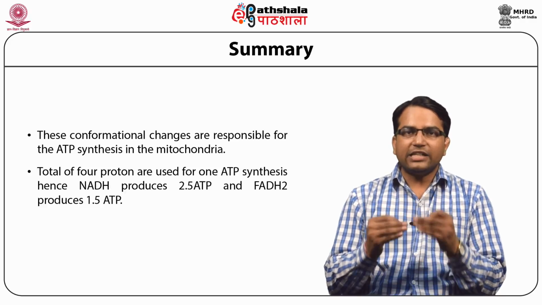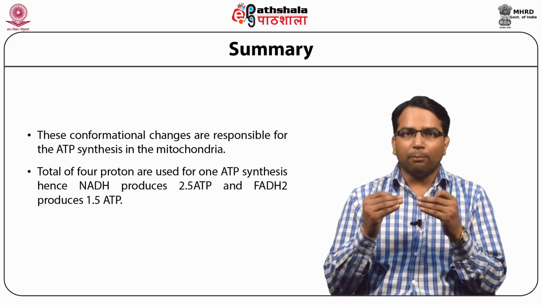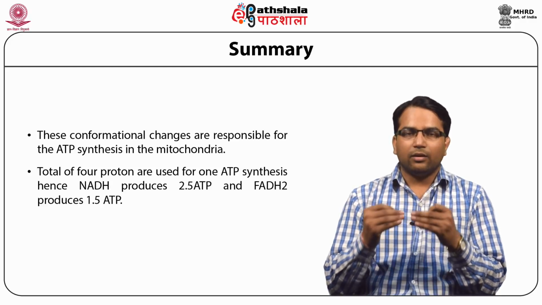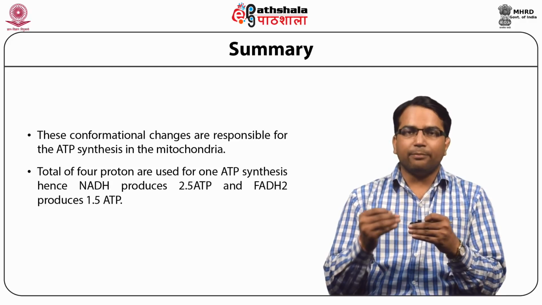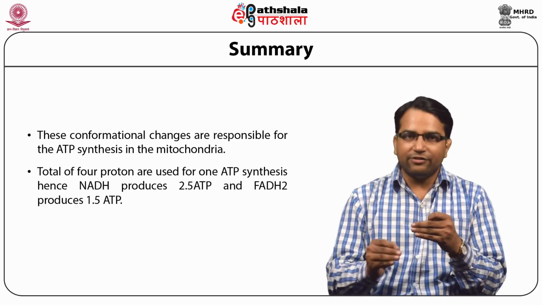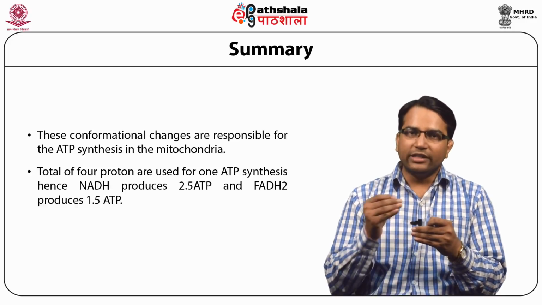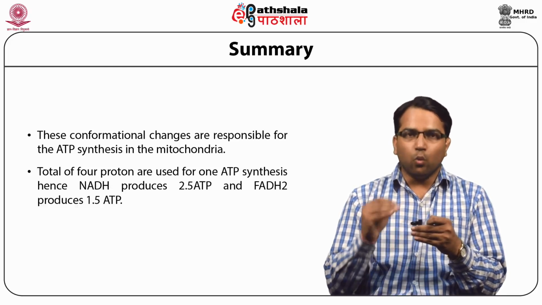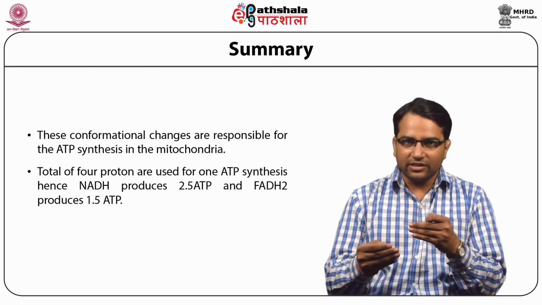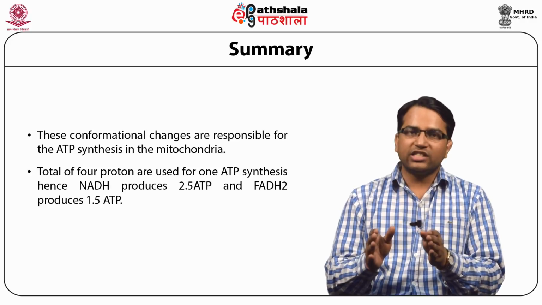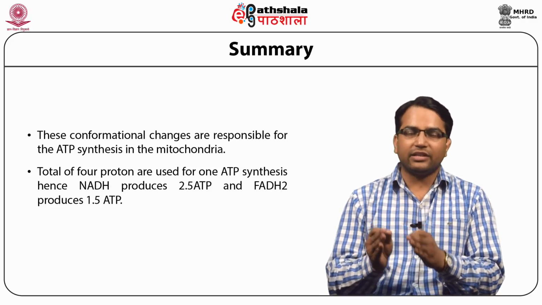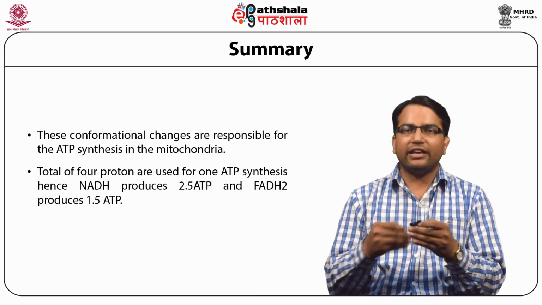So the number of ATP produced by the ATP synthase in the electron transport system of the mitochondrial inner membrane is influenced by the presence of inhibitors and uncouplers. In this module we have also discussed the mechanism of action of inhibitors, how they alter ATP synthesis, and how uncouplers, which are similar to inhibitors but not exactly the same, also alter ATP synthesis.